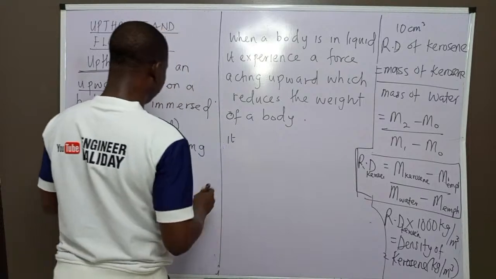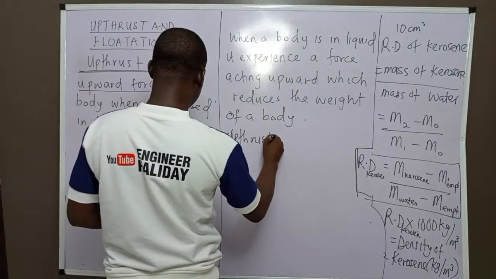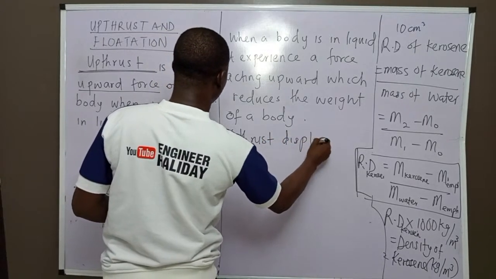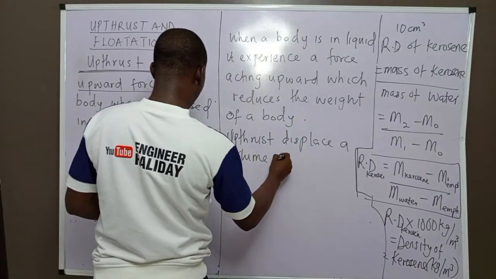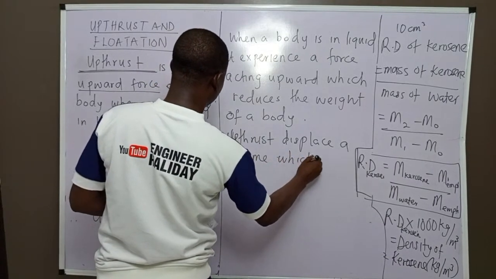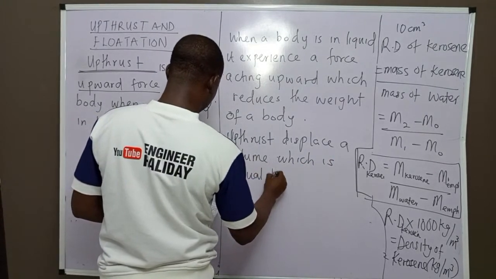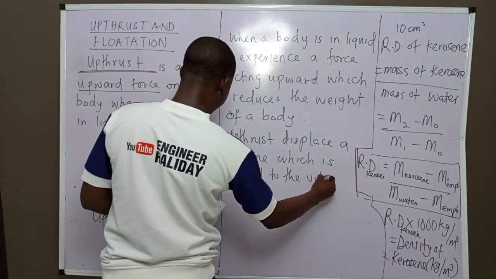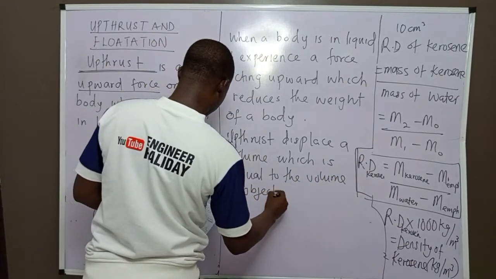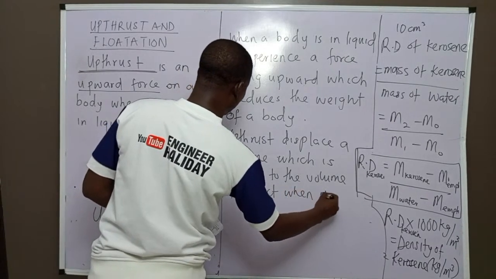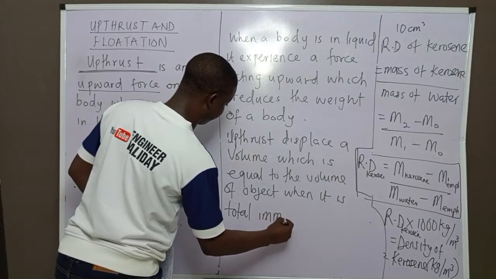Now, upthrust displaces a volume, that thing I just explained, which is equal to the volume of the object when it is totally immersed.